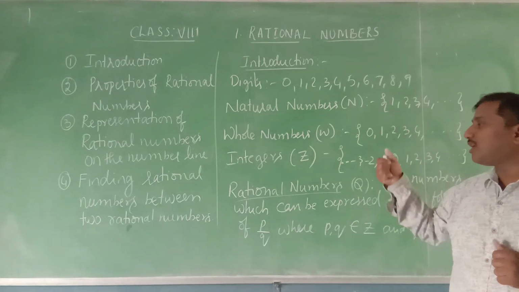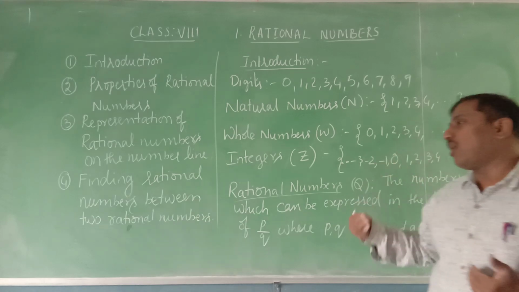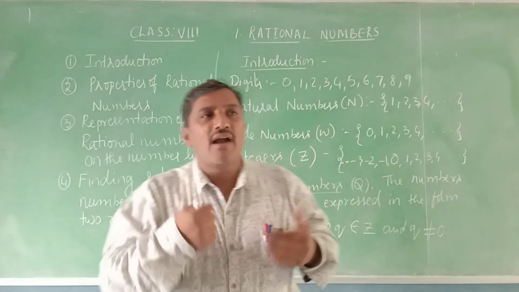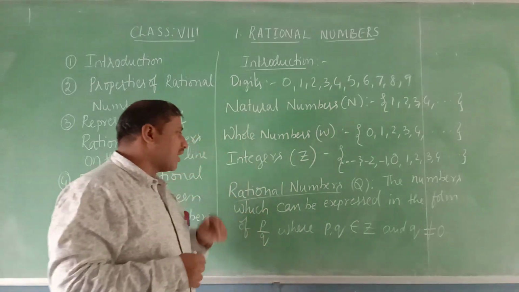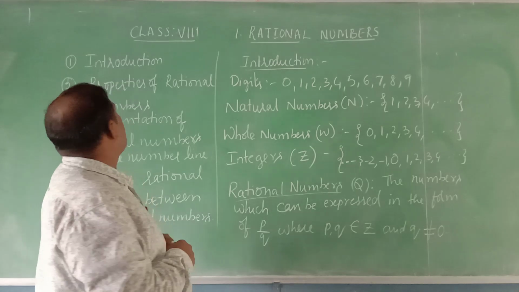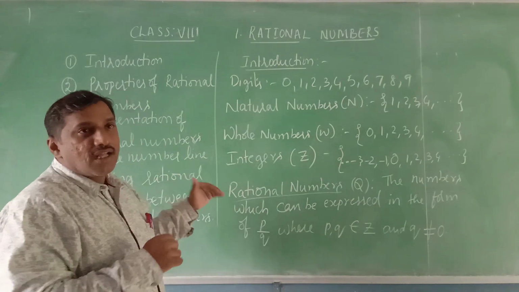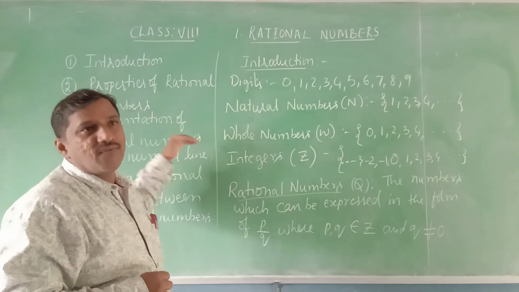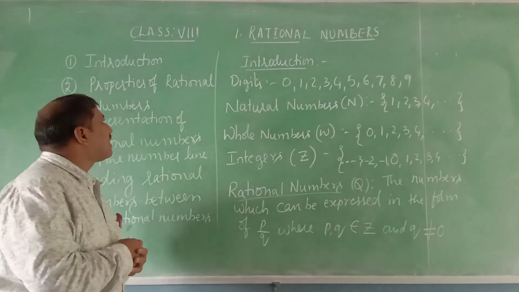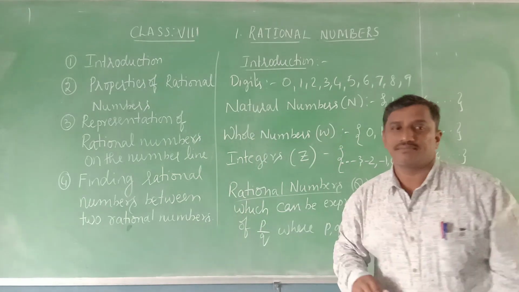That's why all those numbers are also rational numbers. Other than this, fractions and decimals are also included in the rational numbers. So this is about the introduction of this chapter, rational numbers. Then we will continue with the properties of rational numbers. Is it clear, children?